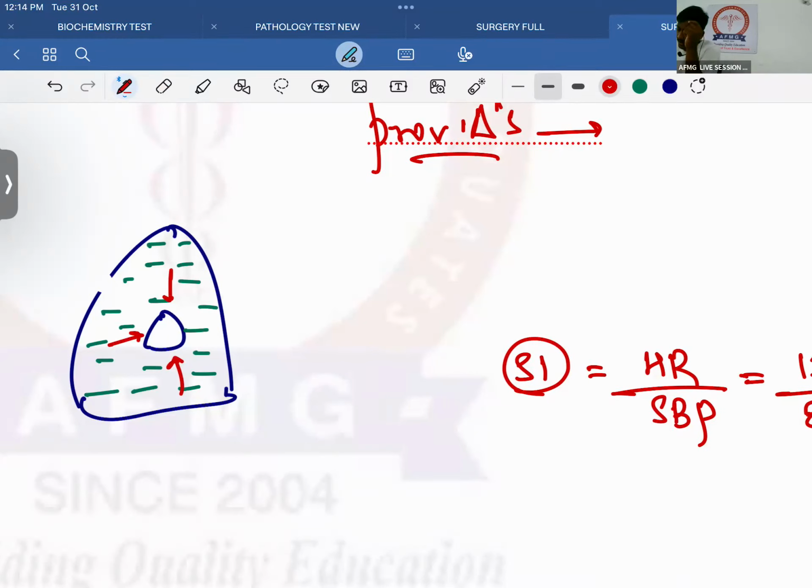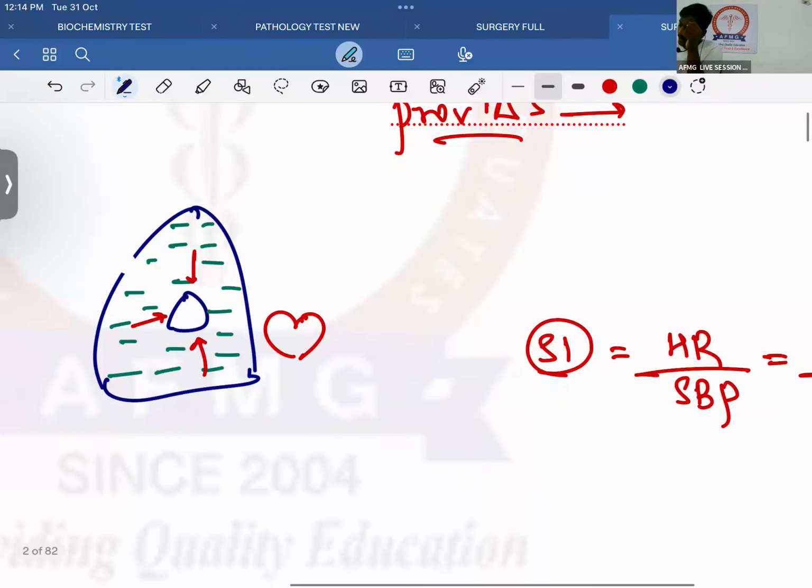Apart from this, here is your small heart. So definitely, if there is too much of air, beta, what will happen? It is going to push the heart towards the opposite side, or it is going to compress the heart. As the heart is compressed, beta, is your heart able to relax now? No. As your heart is not able to relax, will the blood come inside the heart, beta?